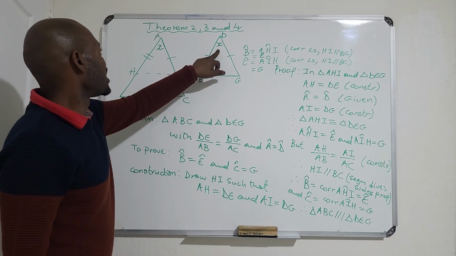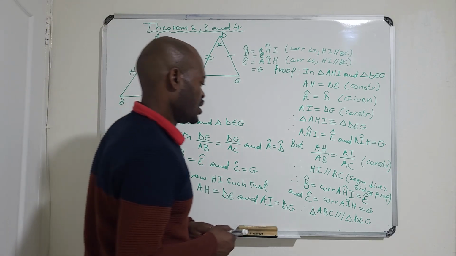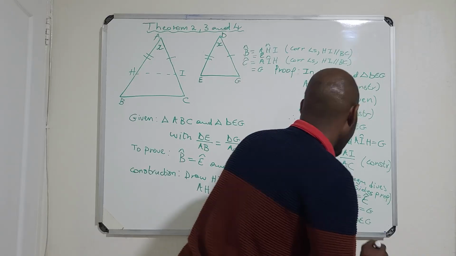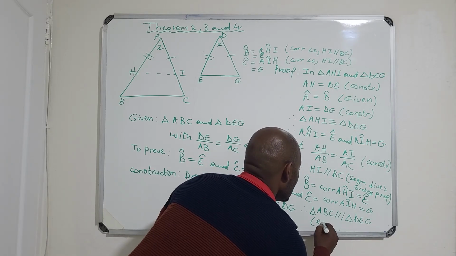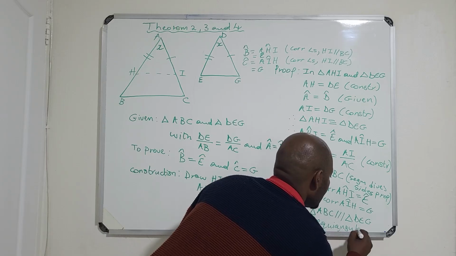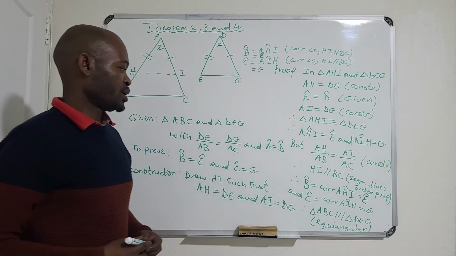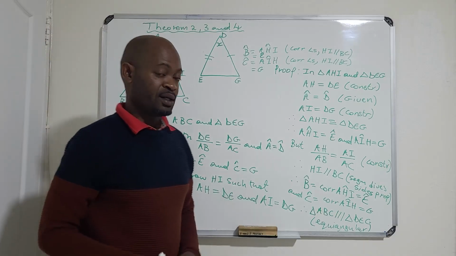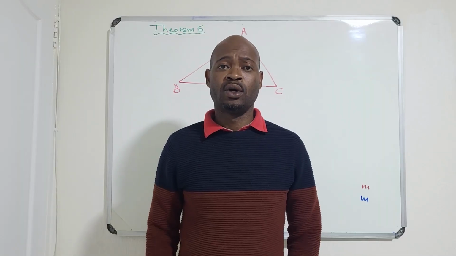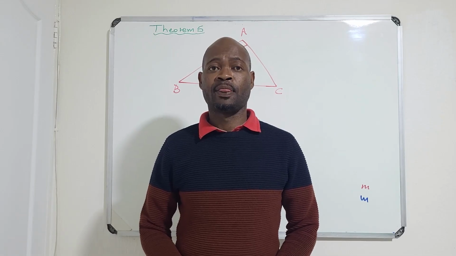Therefore, it means that we've got equiangular triangles. We can give the reason there to be equiangular triangles. They are similar. Now, let's state theorem number 5 and prove it.